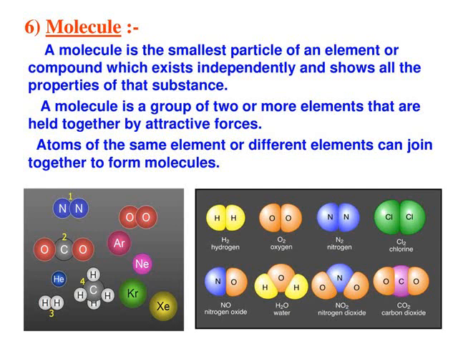When two parts of hydrogen combine with one part of oxygen, we get a molecule of water. There will be many molecules in water, and one such molecule is the smallest particle of a compound which exists independently and shows all the properties of that substance.